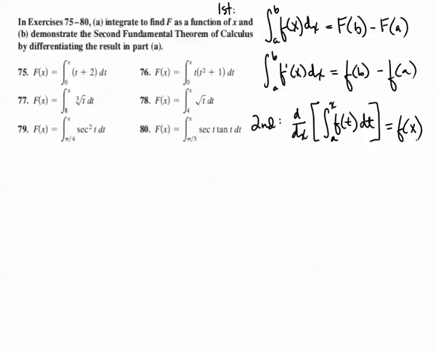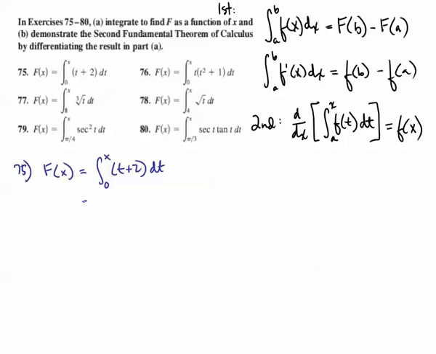So we're going to start off with number 75. And 75 says capital F of x is this integral defined function from 0 to x of t plus 2 dt. And so what we're going to do here is just treat this the way we have treated each of the definite integrals that we've worked with so far.